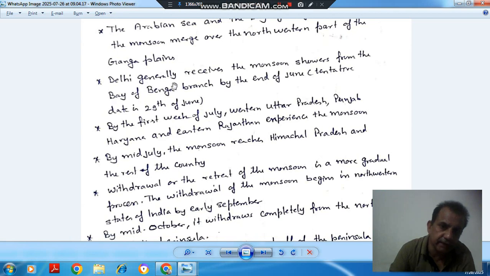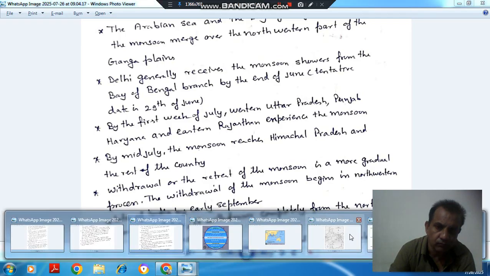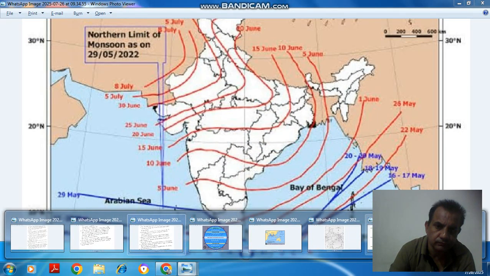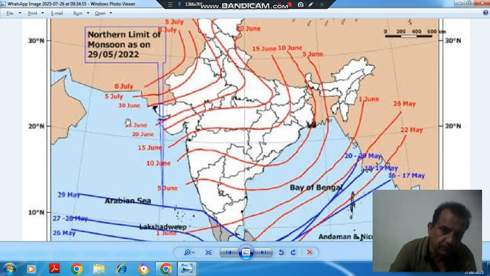Next point is Delhi generally receives the monsoon showers from the Bay of Bengal branch by the end of June. Tentative date is 29th of June. So this is the 30th June scenario, and the monsoon passes through Delhi. On 29th June it reaches Delhi.